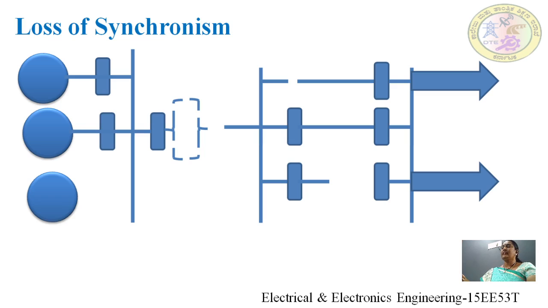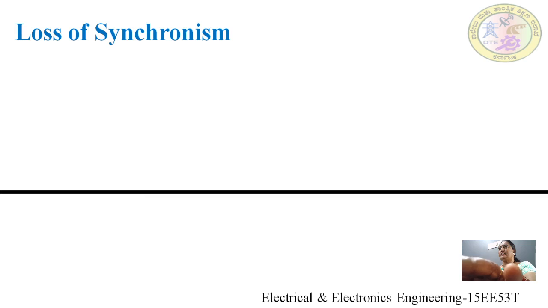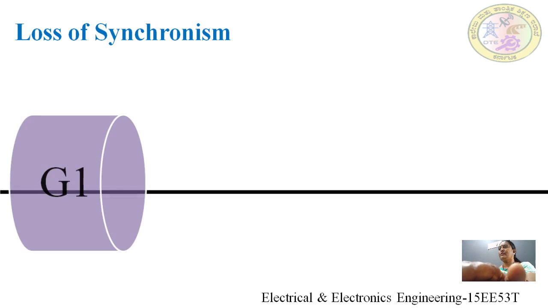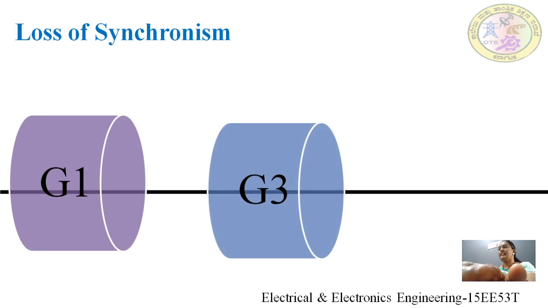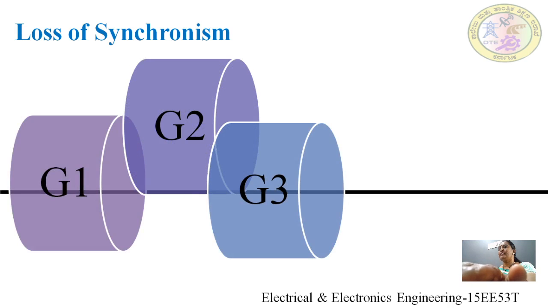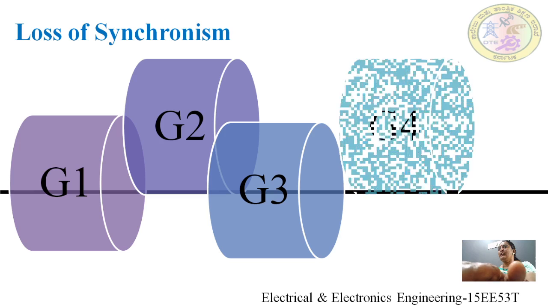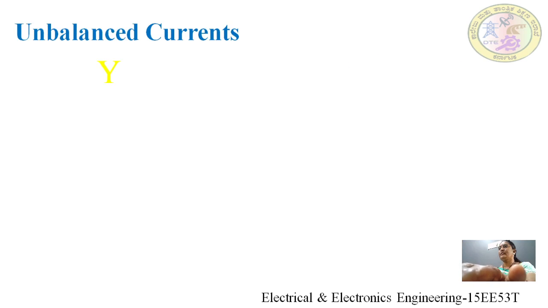Here, these are all the cases under which the generator loses its synchronism. There will be an out of operation. Therefore, due to that, generator 1 and generator 3 are in synchronism, and 2 and 4 are out of synchronism.